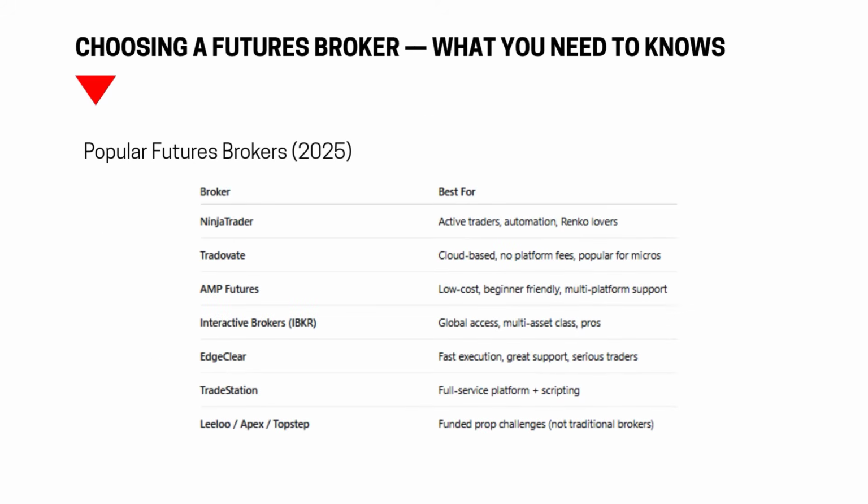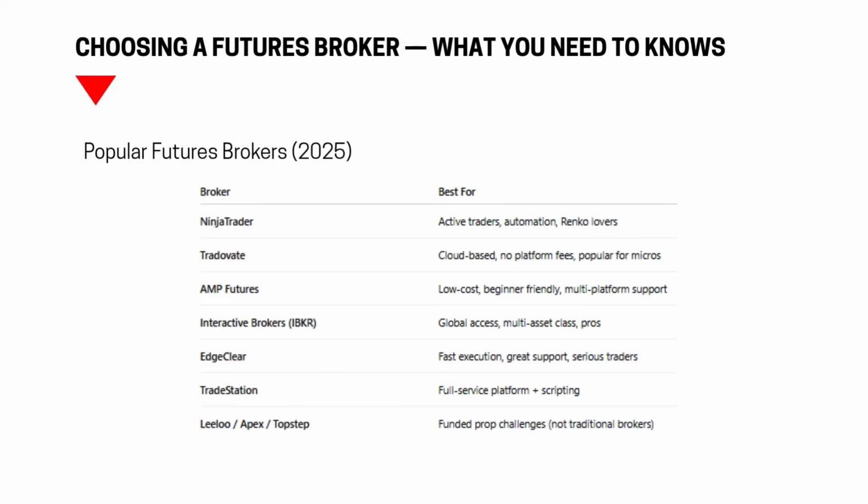So I've just listed some popular futures brokers in 2025. We've already talked about NinjaTrader. Also listed what they are good for: active traders, automation, Renko lovers like myself. Tradovate, cloud-based, no platform fees, popular for micros. AMP Futures, low cost, beginner friendly, multi-platform support. Big one, Interactive Brokers.